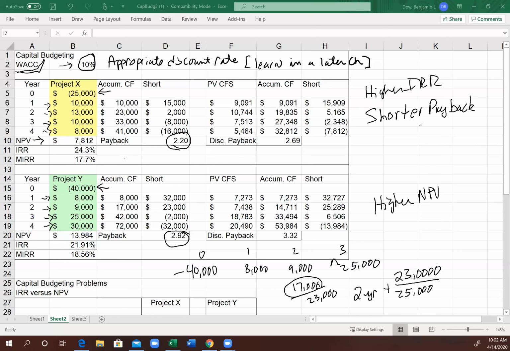The shorter payback period is advantageous because a shorter payback provides liquidity, meaning you're getting your money back sooner, but it is also an indicator of less risk. Because predicting what will happen farther into the future is a lot harder than predicting what will happen closer in the future.